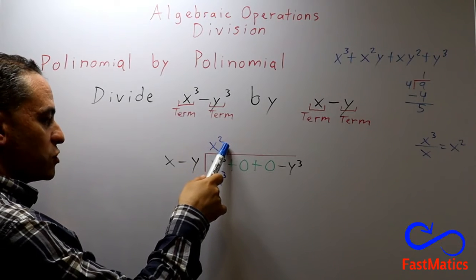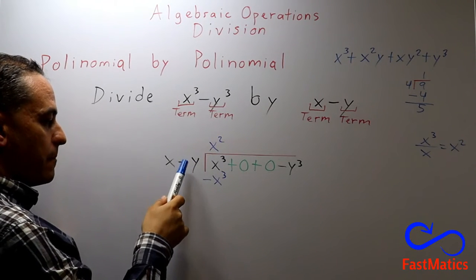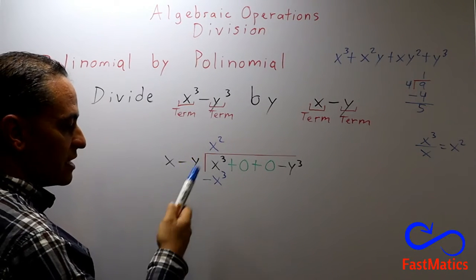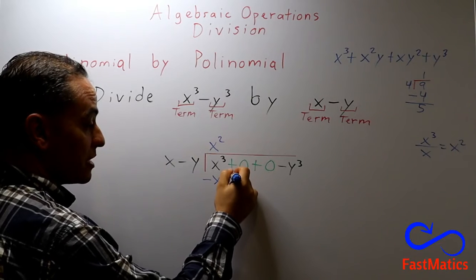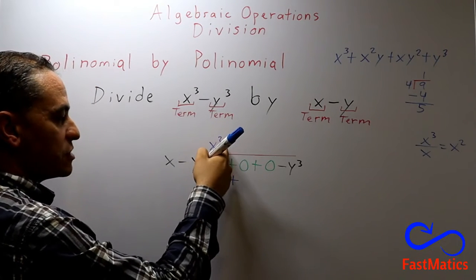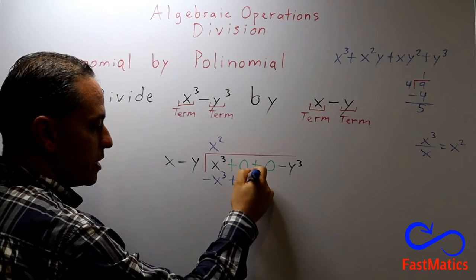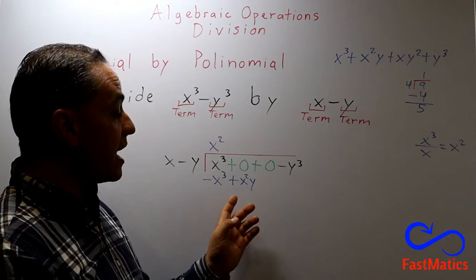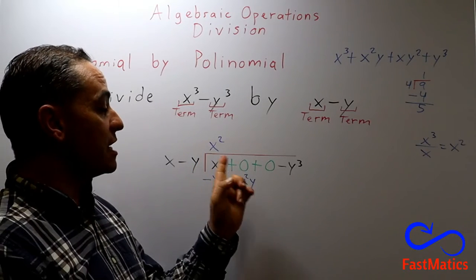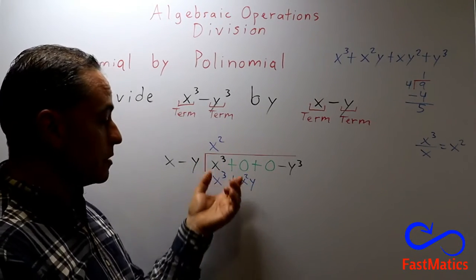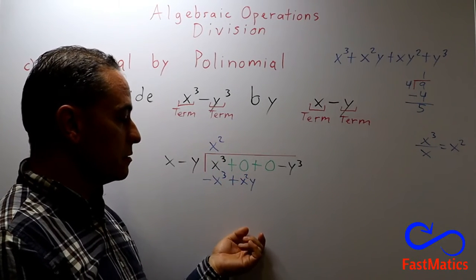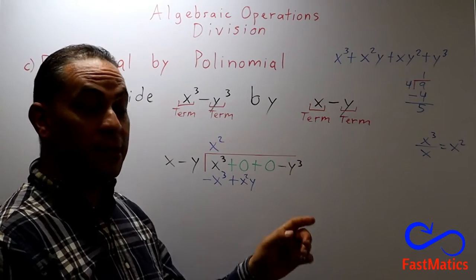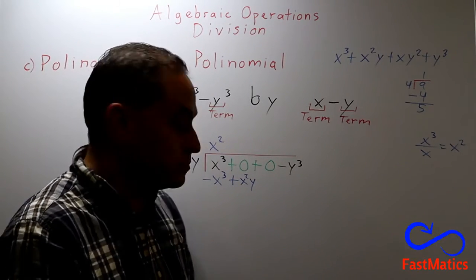Then x squared times minus y, positive times negative, negative, but I'm going to subtract. I change the sign. x squared times y, x squared y. That's why I have put a 0 there to follow an order. Otherwise, this term would be below this term, and after that I don't know what to do.